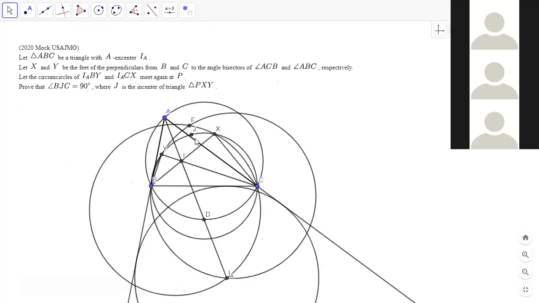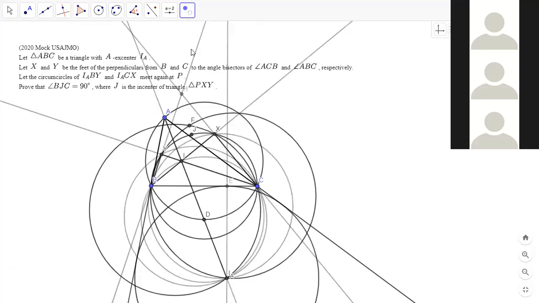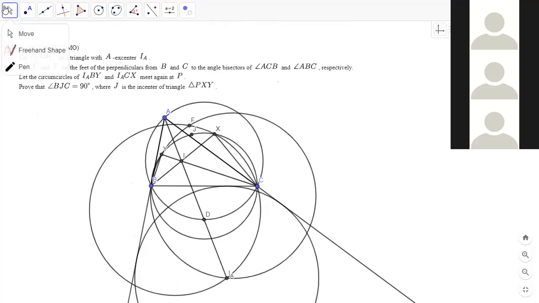So yeah, we want to show that J lies on this circle. So I could hide the circle. Well, this is just angle chasing, really? Yeah. It is easy to find the angle YJX. Mm-hmm. And we know that XCY equals A over 2. And we are done.